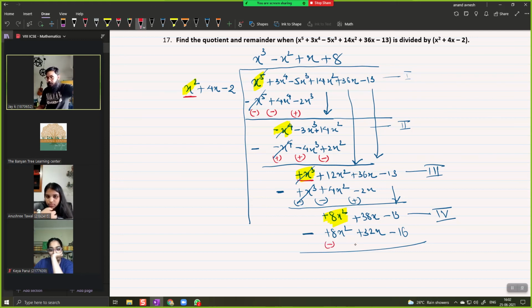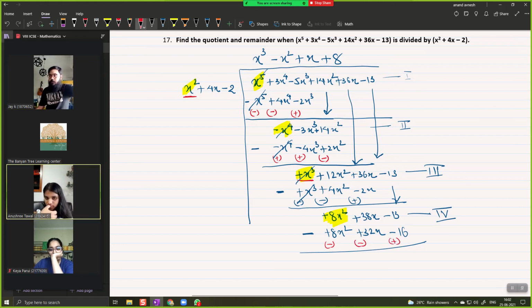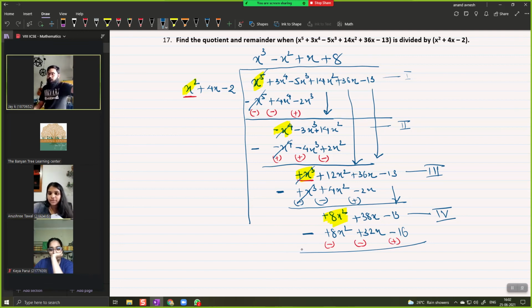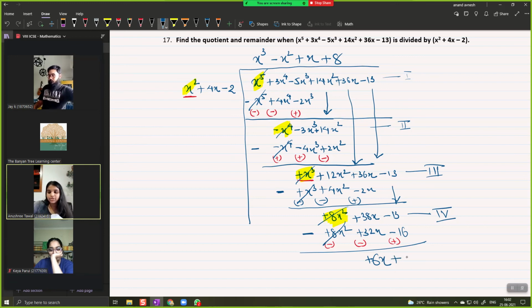This will become minus, this will become minus, this will become plus. Subtract. So the first one 0, then plus 6x, very good, then plus 3.